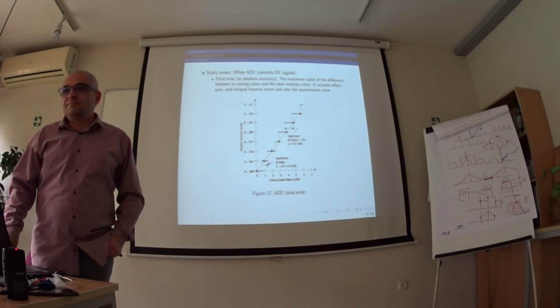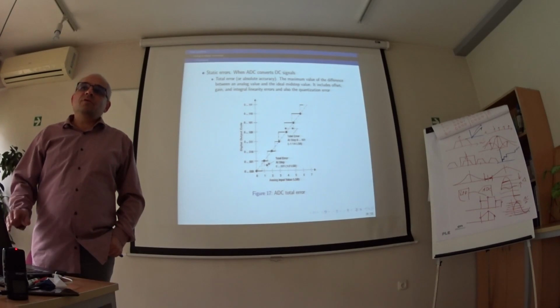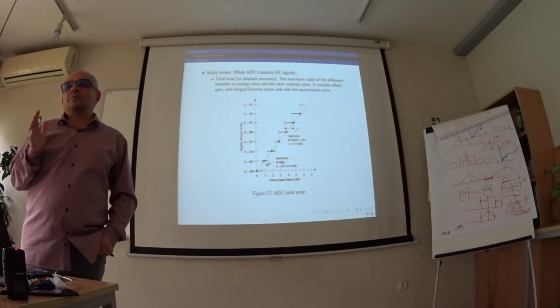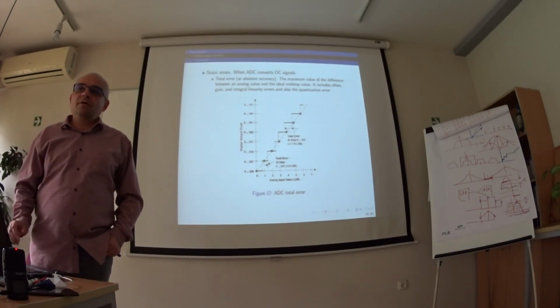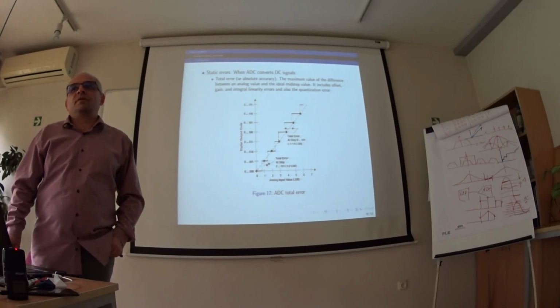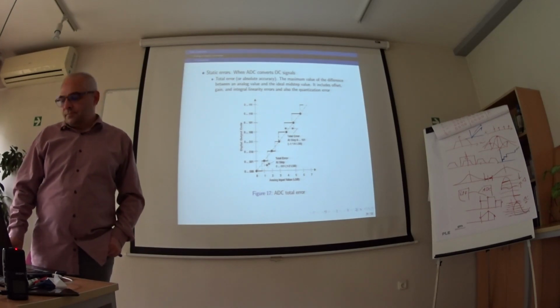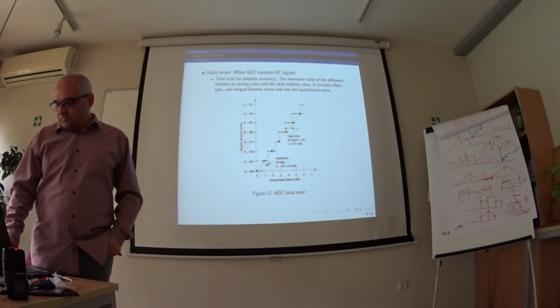Okay, that makes sense. Previously we were talking about quantization, an ideal case of quantization. The quantization depends only on the ADC resolution. But here we are talking about manufacturing deviation from the straight line.